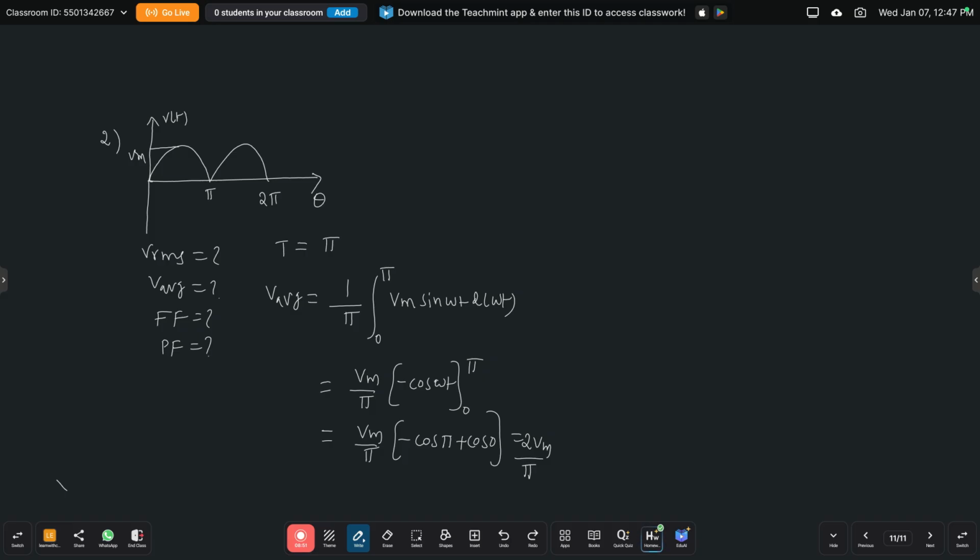Now similarly, what is the RMS value? The RMS value is the square root of 1 by T, that is 1 by pi, integral 0 to pi of f of t whole square, that is Vm square sine square omega t d of omega t, which is equal to under root Vm square by pi.